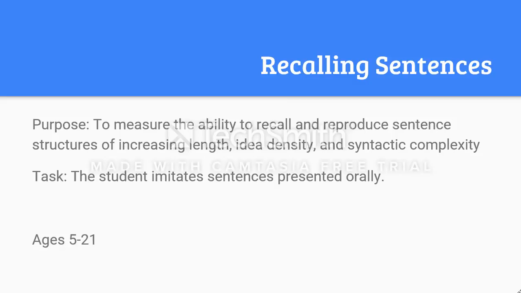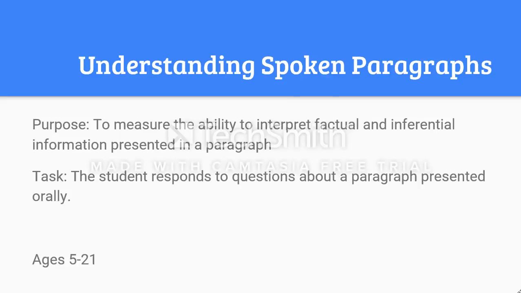And the client would have to say it back without changing anything in the order or leaving out a word or changing a word. You don't want them to change the meaning of the word. And as it progresses, the clinician marks how many errors were made to score this one. Ages 5 to 21 is who this is appropriate for.